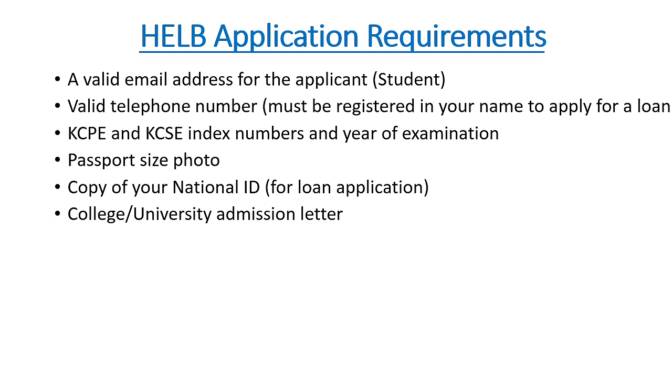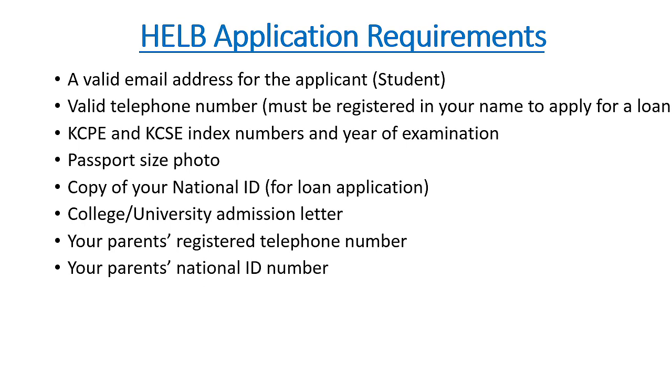In my previous video, I had shown you how you can go about having an admission letter. So you can always check with the university or college to provide you with one, so that you proceed with this particular application. And of course, ensure that you have your parents' registered telephone number, right, which is very, very important. Also, you need to have your parents' national ID number.